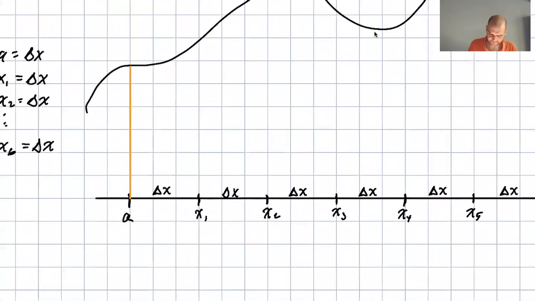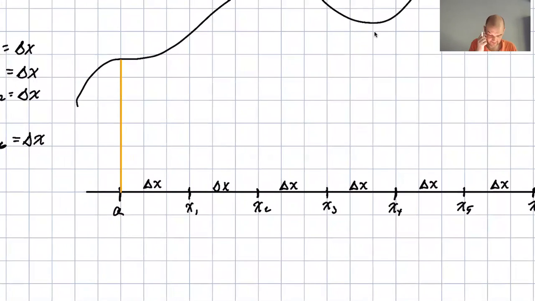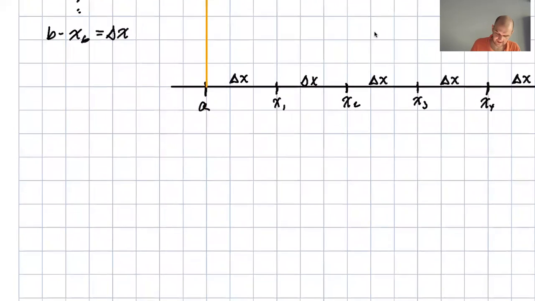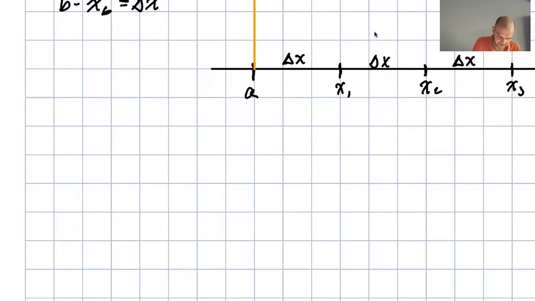Okay, so we want to make our rectangles. We're going to choose the heights of our rectangles in kind of a weird way. We know that MVT applies to f of x.